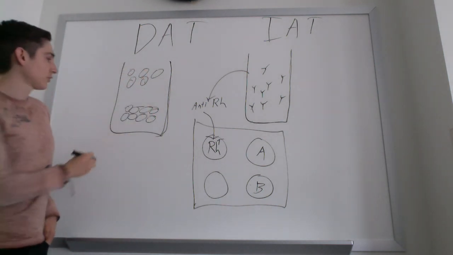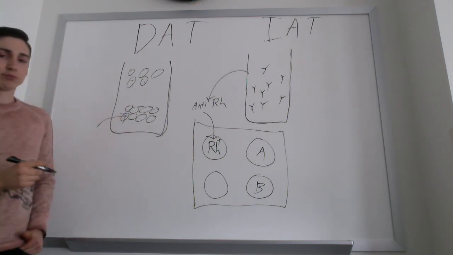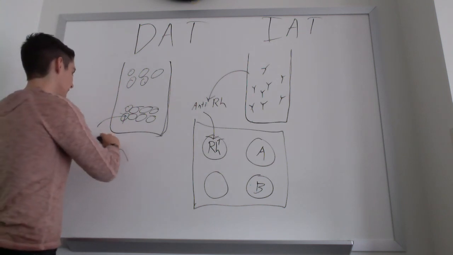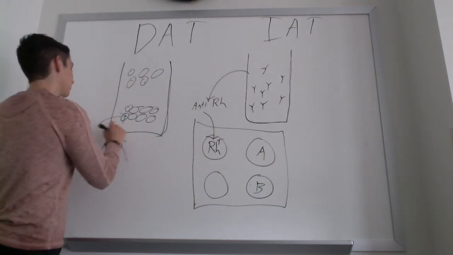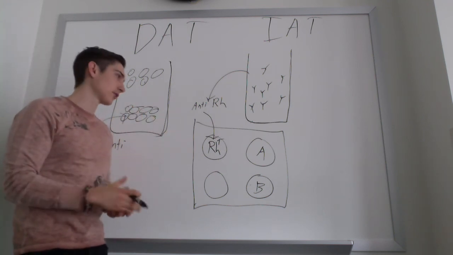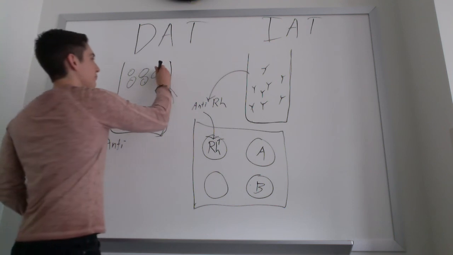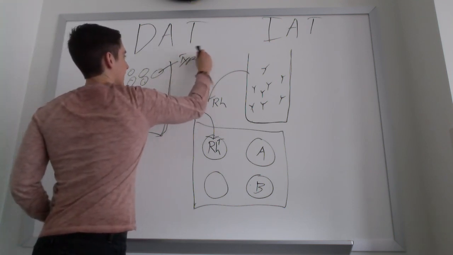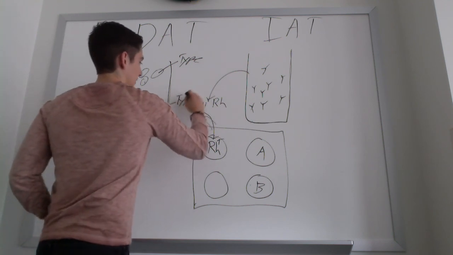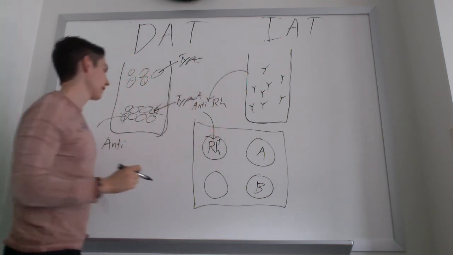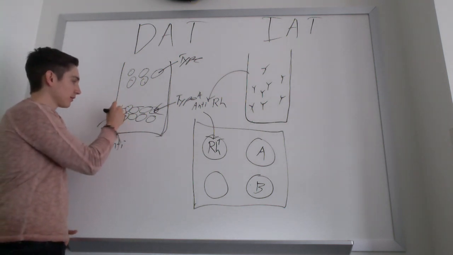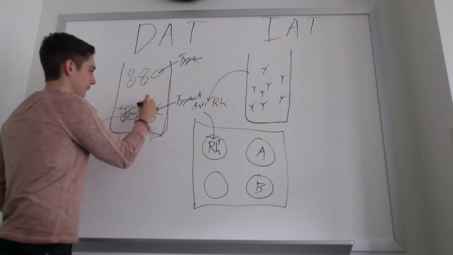In this case, it could be indicative of a blood transfusion in which the person's actually making antibodies against the blood transfusion that has been added to the person. So if the person was type B and you've added type A and this blood transfusion was type A, the person would be producing anti-A against it, and that's why these antiglobulins would be on here.